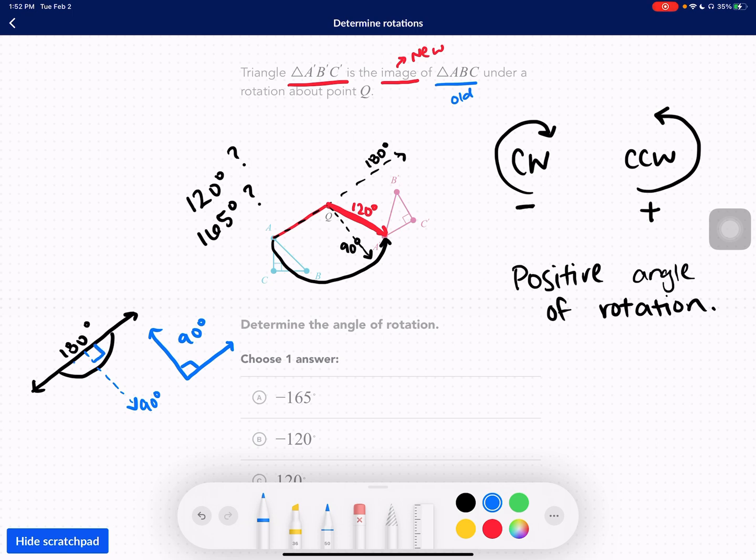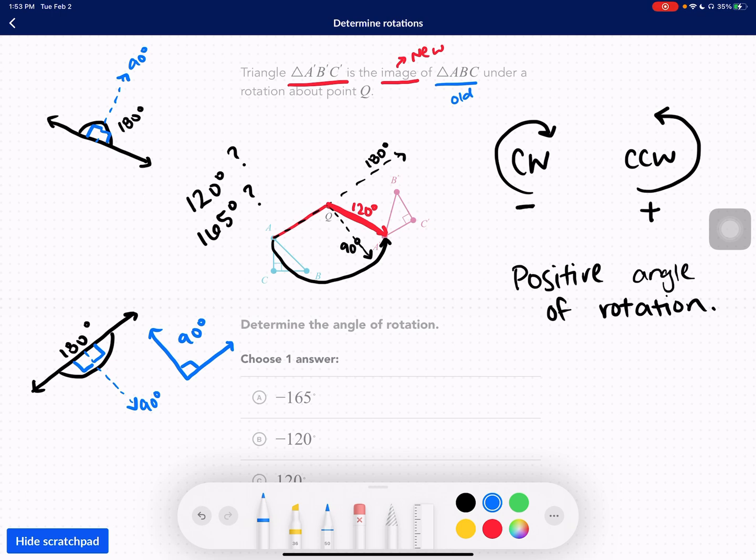So whether it's this side or that side, that's 90 degrees. 90 plus 90 is 180. So you can draw a straight line anywhere in any shape or form and realize that that's 180 degrees and then cut it in half, perpendicular, 90-degree angle, right here and right here. Okay, so that's what I'm using to try to determine the measure of the angle of rotation.